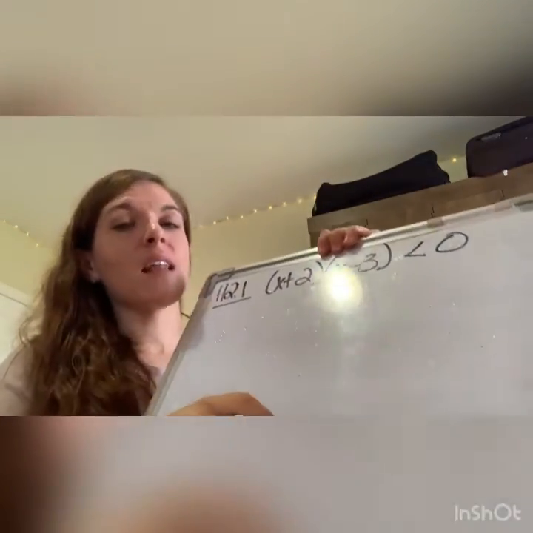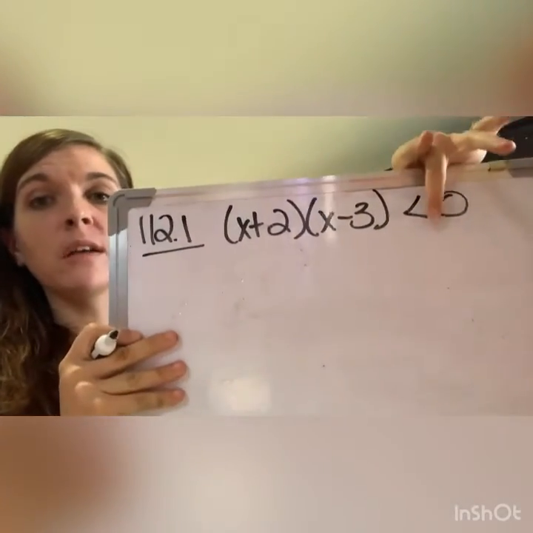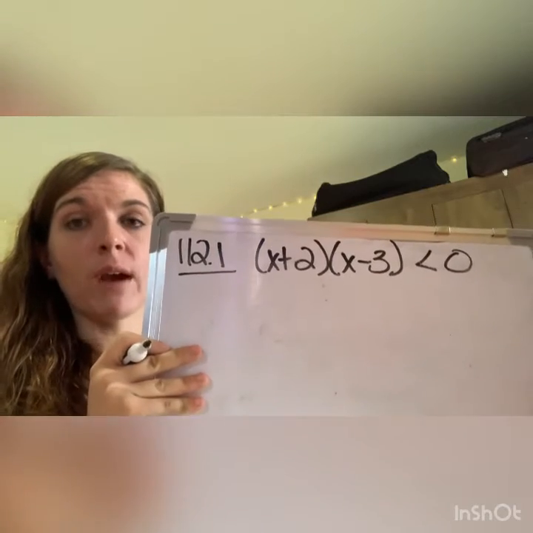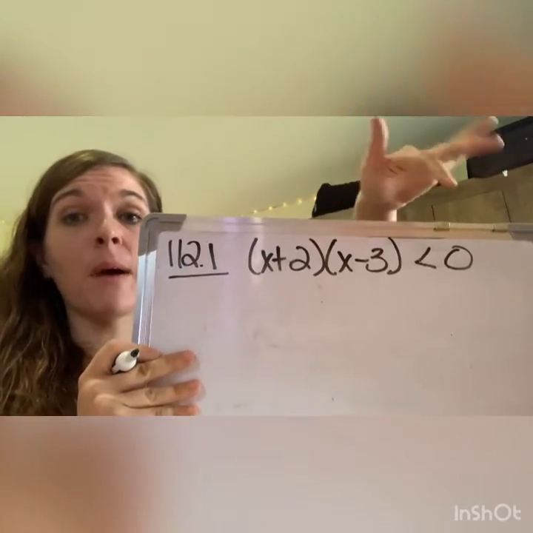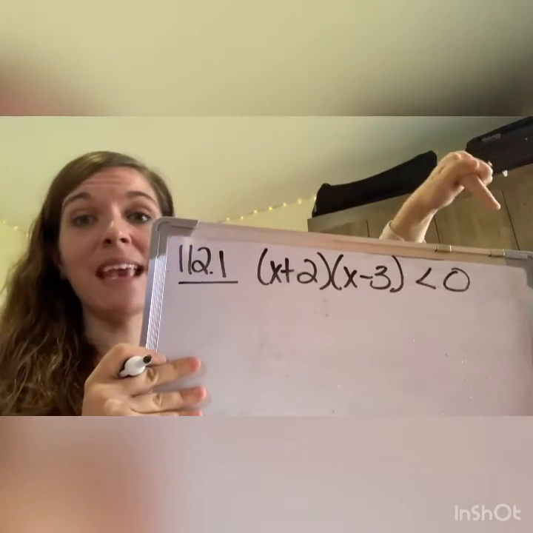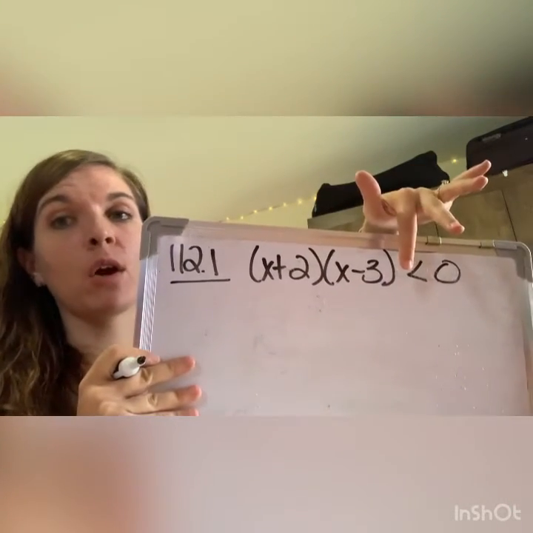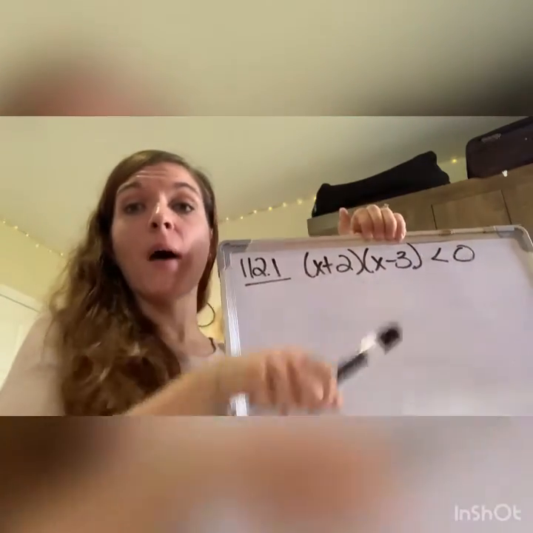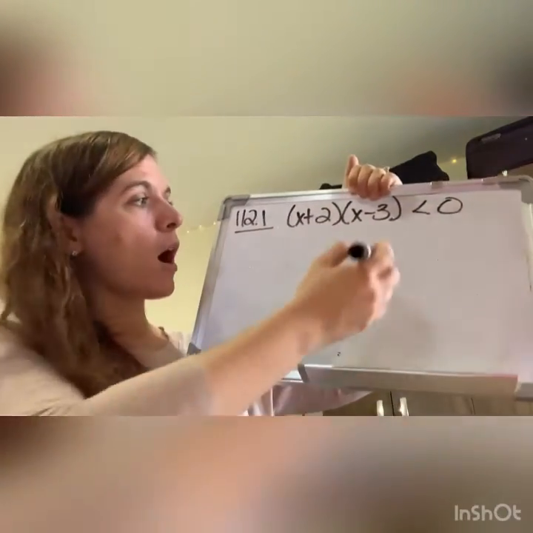So now, instead of coming up with greater than 0, that means we need a positive number no matter what, right? Now we need a negative number, which means that we're going to need a positive times a negative and a negative times a positive, okay? That's what we're trying to accomplish.